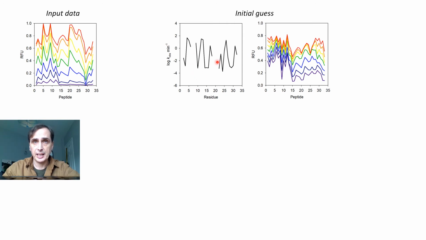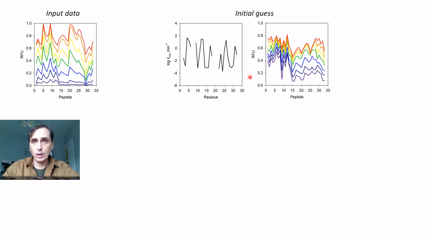There are gaps in the data, I think these are from proline, and the data here are reported in log KOBs, just so I can fit them on this figure. And from these guess values, HDXmodeller will then generate a model of your data, so a macroscopic model. This is microscopic information, this is macroscopic.